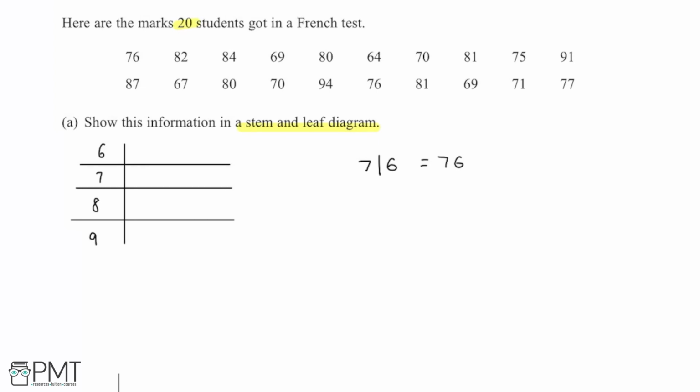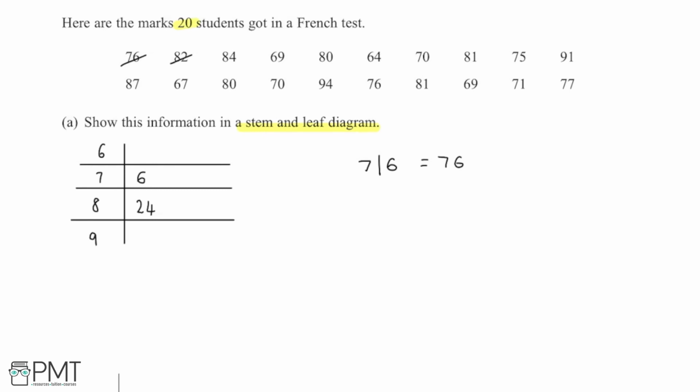Now I can go through all of the numbers individually and look at the units. We have 76, so next to the 7 I write the 6. Similarly for 82, next to the 8 I'll write the 2. And then we have 84, and I'll write the 4 next to it. Not worrying about the order yet, I'm going to continue and change the order at the end in the final answer.